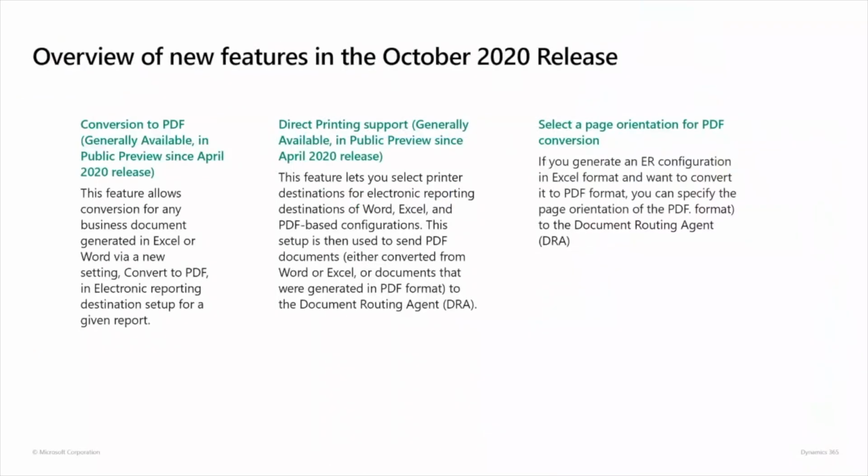Now let's talk about new features in the October 2020 release. First of all, we are making generally available two features which have been in public preview since the April release. It's conversion to PDF and direct printing support.